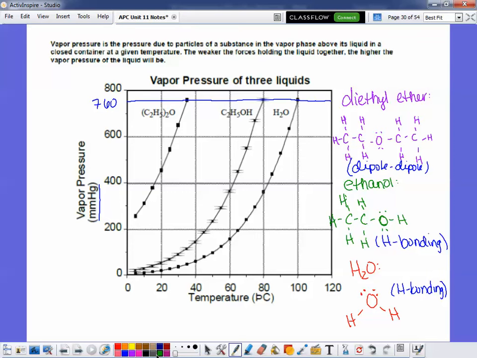But it kind of does, because vapor pressure and boiling point are related. The higher the vapor pressure, the more readily it'll go to the gas phase, right?